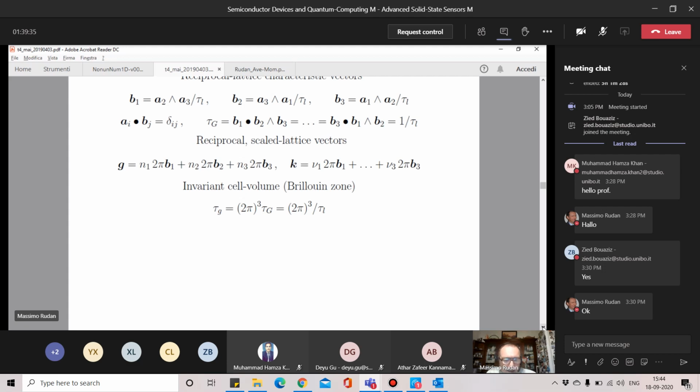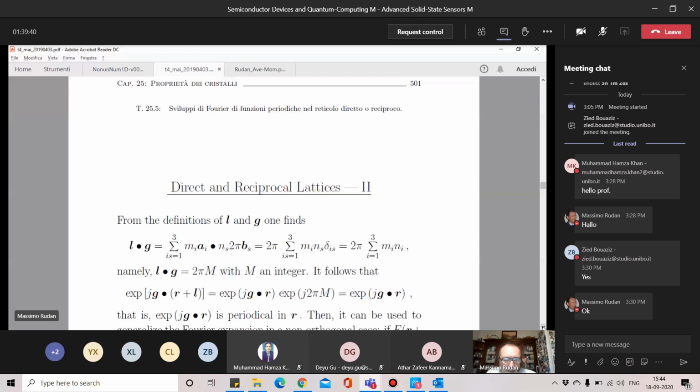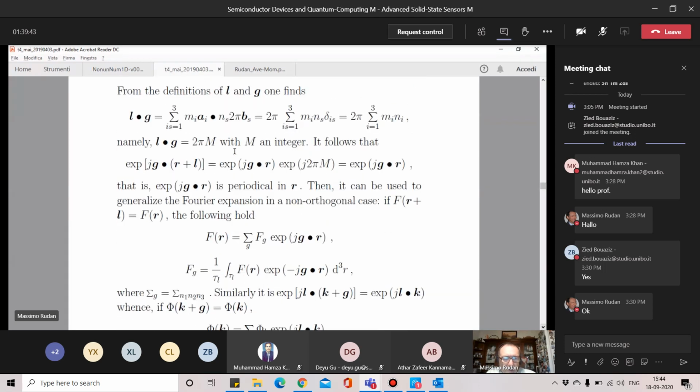So when we take the scalar product of the two, we have a double sum because we have to sum over the index i of the first vector and also over the index s of the second vector. So we have a double sum whose indices go from 1 to 3 of the individual components that are mi, ai, scalar product, ns, 2 pi, bs.